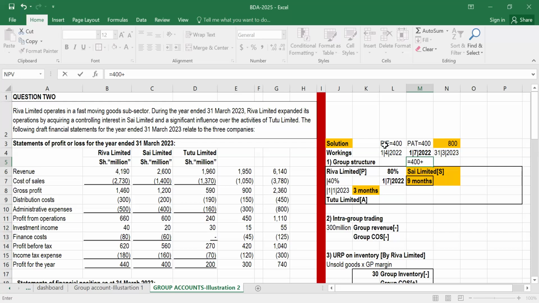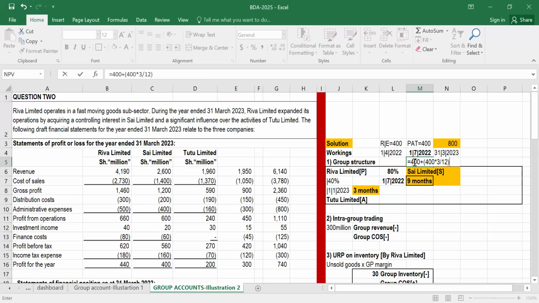So for us to get its retained earnings on the date it was acquired, we take its retained earnings at the start, and then we add the profit which was generated by it 3 months before it was acquired during the current year. The profit it generated for the whole year is 400, but we're interested in the profit it generated 3 months before it was acquired. So you multiply that with 3 divided by 12.